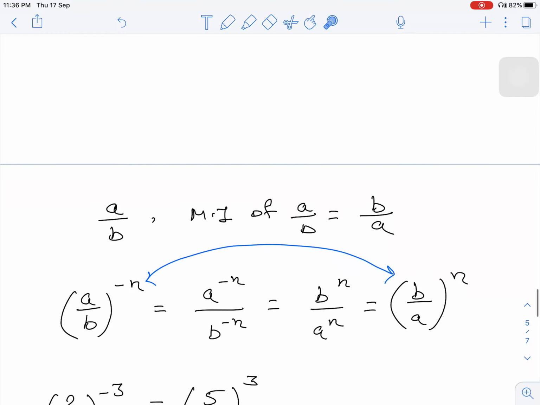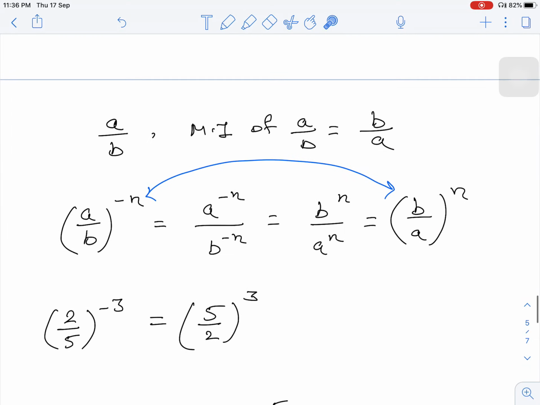Let us consider one example. Suppose we have 2 upon 5 raised to minus 3. Now, instead of following this big procedure, I directly want to write this number with a positive power. So I will take the reciprocal of this base. What is the reciprocal of the base? That will be 5 upon 2.